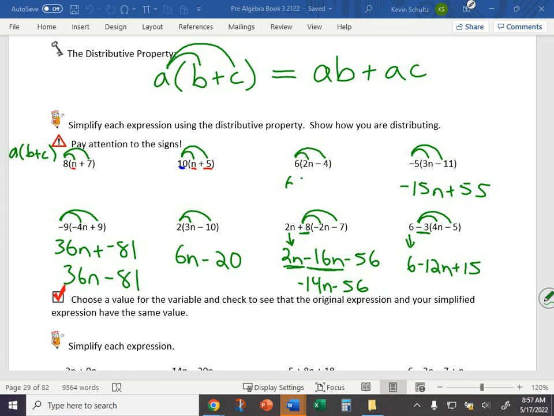And now what can we do? Shay, add the 6 and 15, combine like terms. What's our final expression? Shay? 21 for the constant. What's the whole thing? Negative 12n plus 21.